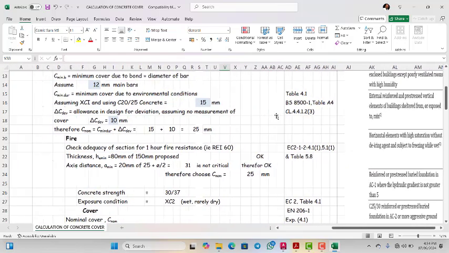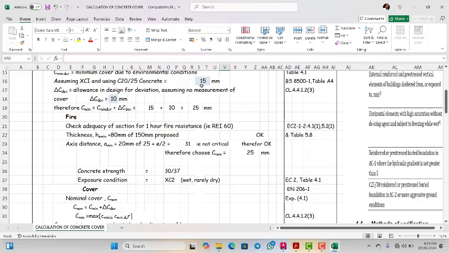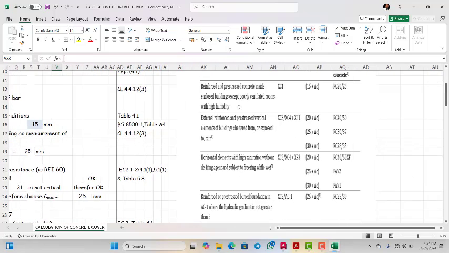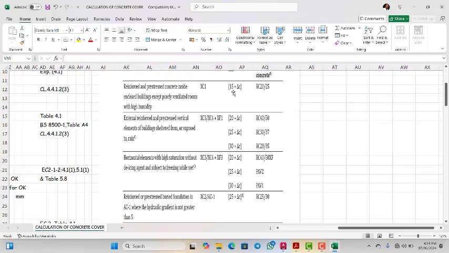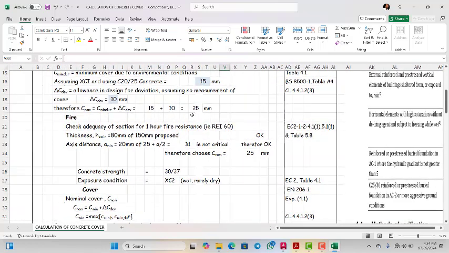Remember that the first one was 15, which we got from here. But in this case, because we have changed our concrete grade to 37, the formula is 25 plus this.